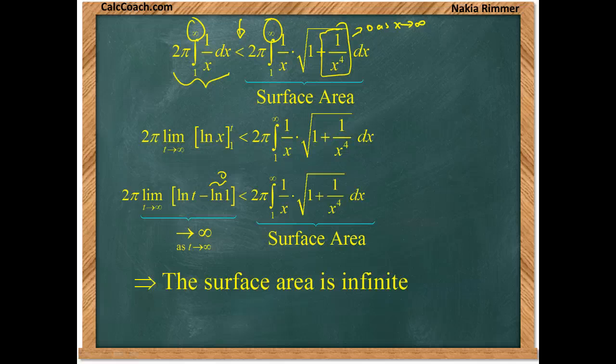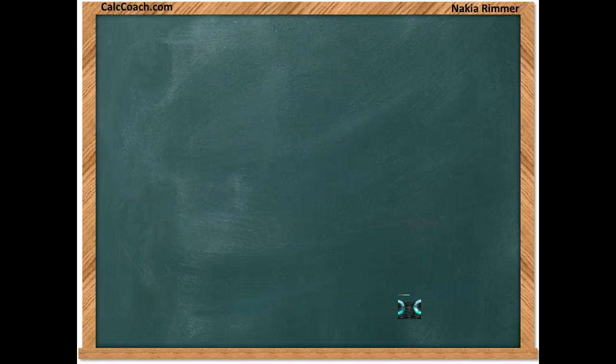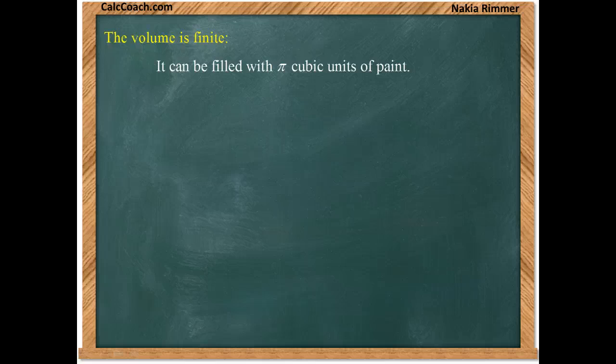So wait, the volume was finite, but the surface area was infinite. Something is not right about that. Let's take a look at it. So another way to think about the volume being finite, it is this horn shape, remember? And so we can fill it with some finite amount, pi cubic units of paint.